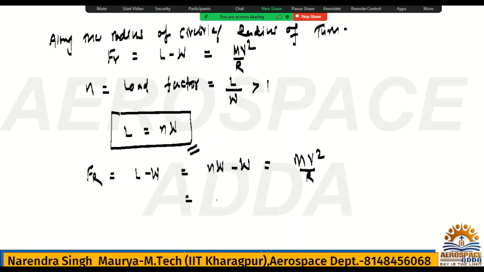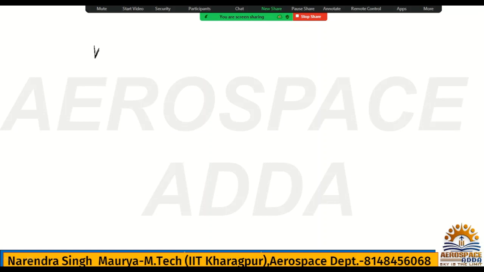Here you can write W in bracket N minus 1 is equal to mv square by R. M is as usual the mass of the aircraft, R is the radius of turn, V is the velocity of the aircraft.